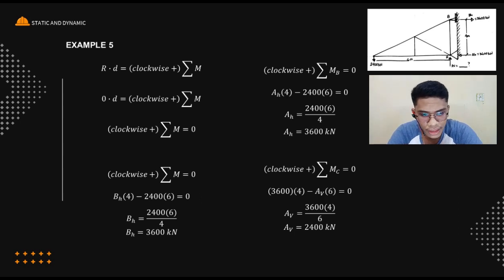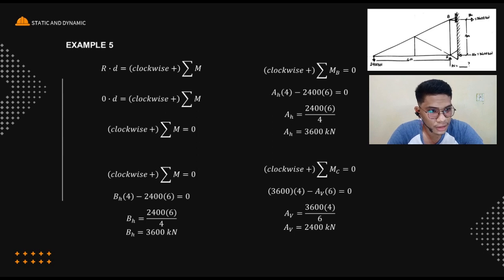So now that we have the BH, we can now solve for the AH. So, para naman po makuha po natin si AH, horizontal, pwede po tayo mag-moment sa B. Para si AV po natin is wala pa rin po kasi wala po siyang moment arm. So, parehas pa rin po, summation of moment at B is equals to 0, considering that lahat ng pa-clockwise po is positive and lahat ng pa-counterclockwise is negative.